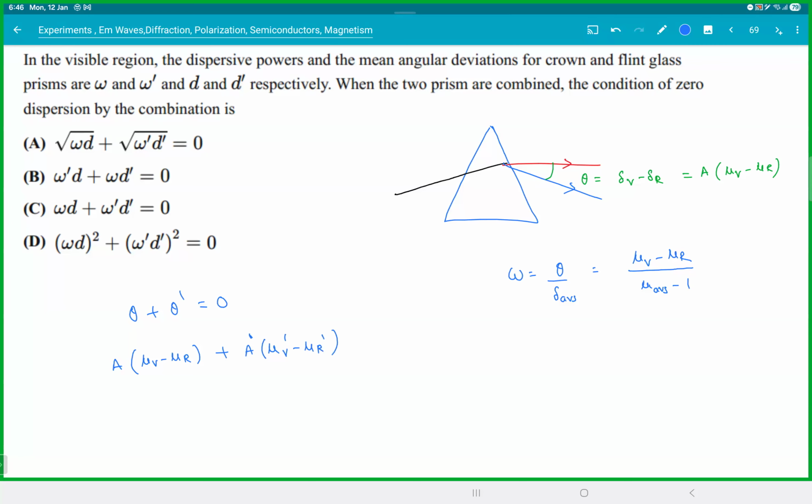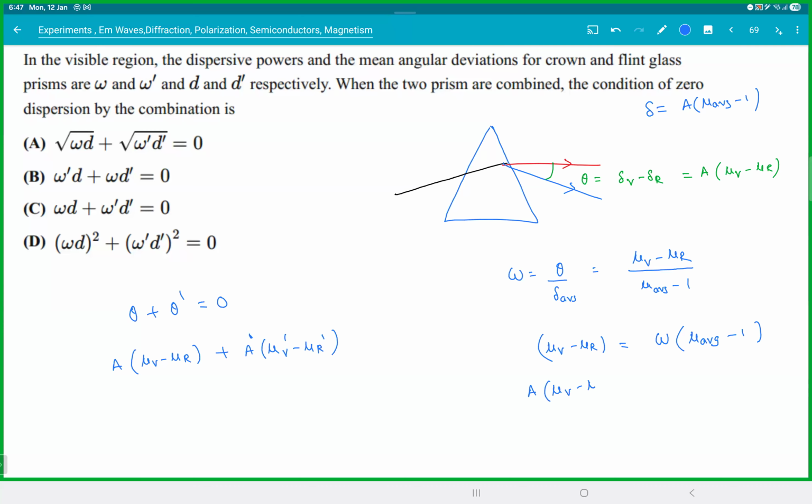And from here we get, so mu violet minus mu red would be omega into mu average minus 1. But I also know deviation delta is nothing but A into mu average minus 1. So if I take that mu average minus 1 and substitute here, this guy would be delta by, you wanted A now, so multiply A on both the sides.